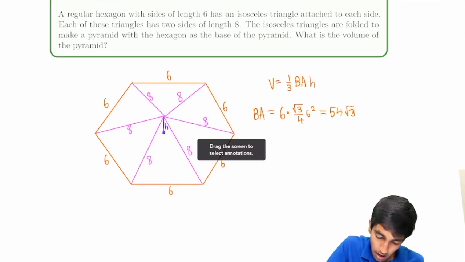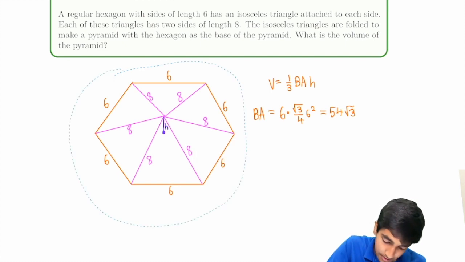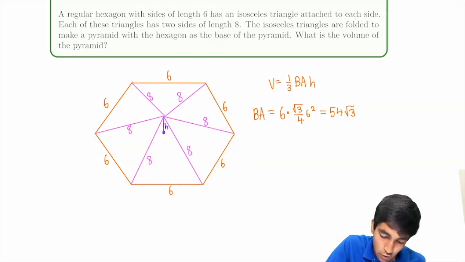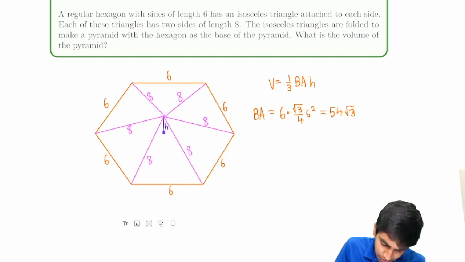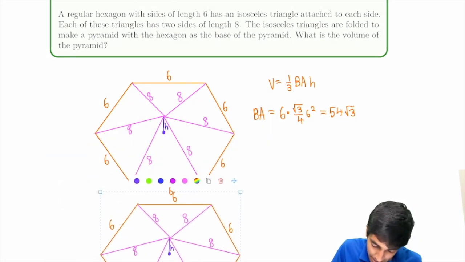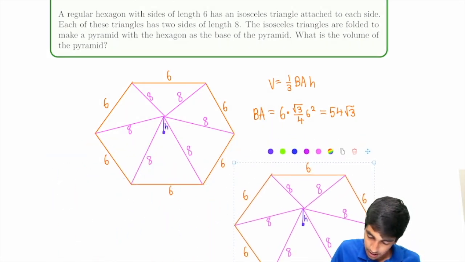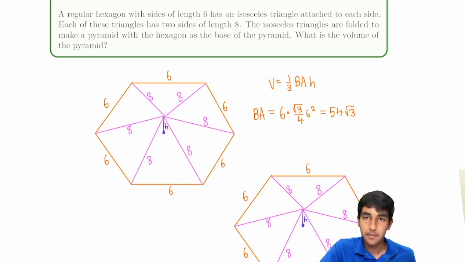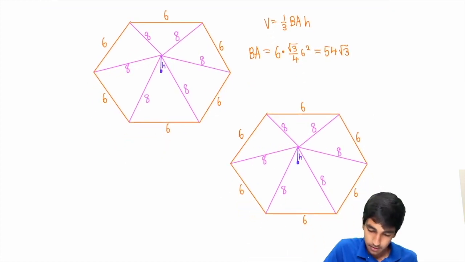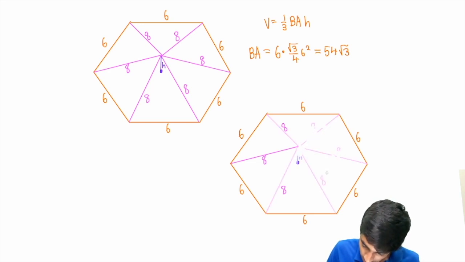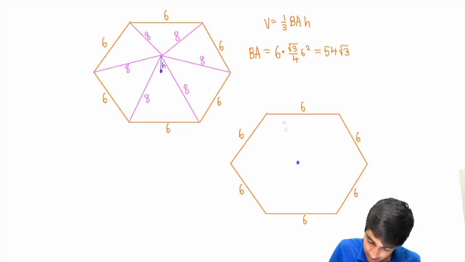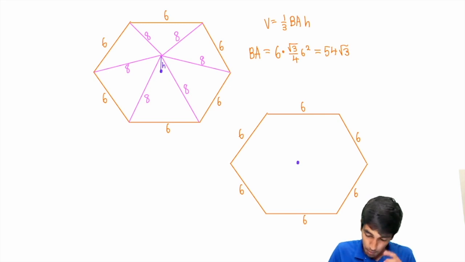Now let's actually draw a separate figure. This is the entire pyramid, but this new figure I'm going to draw is just going to be that of the base of this pyramid. So what's true about this base of this pyramid? This purple point, as you can see, is the same.